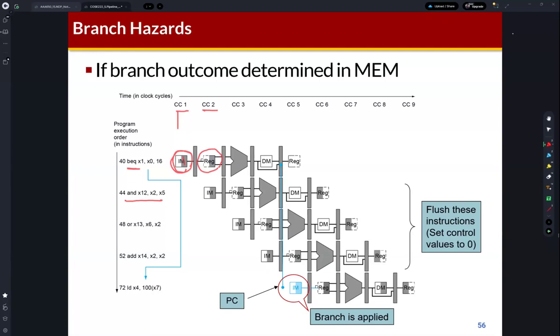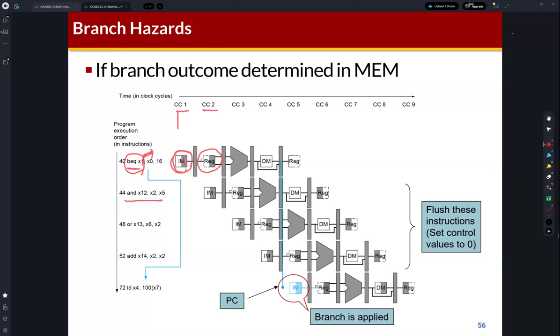You may think that the branch instruction does not update the PC yet, right? We don't know the result of this branch instruction. What is the result of a branch instruction? It's true or false, right? But when the branch instruction is in the ID stage, we don't know the result. So we just assume that the branch is not taken, right?